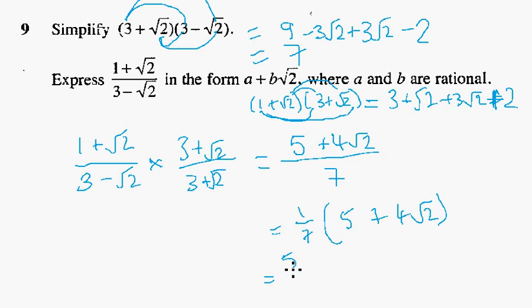So either way you want to think about it, you end up with 5/7 and 4 root 2 over 7. And 4 root 2 over 7 is the same as 4/7 root 2. So we can rewrite that, and now we've finally got the form that we were looking for. A is 5/7 and B is 4/7, and we've solved the question.